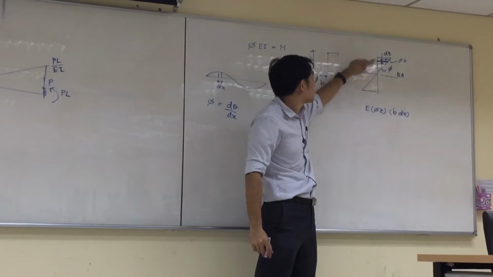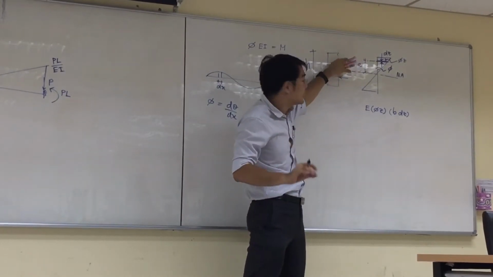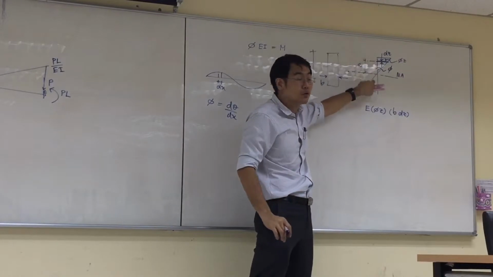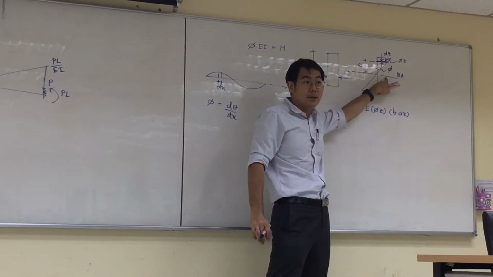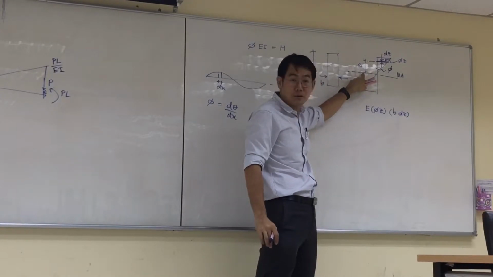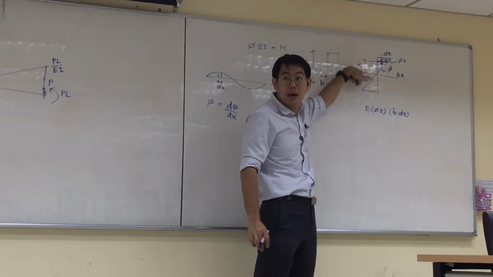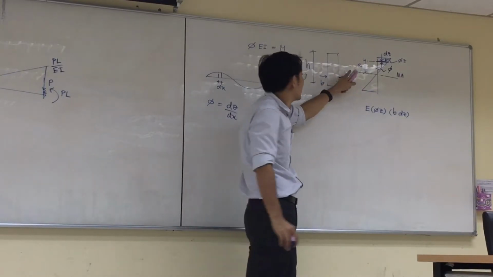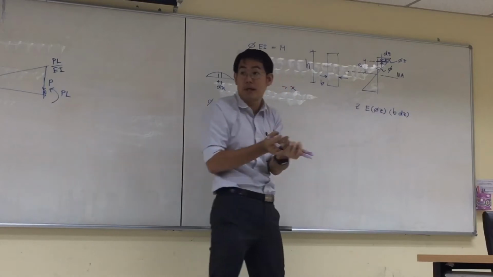Force multiplied by moment arm, if you want to get the moment in this cross section. The moment arm refers to the neutral axis. The neutral axis is here, and C is measured from the neutral axis. Upward C will be positive, downward C will be negative. So we have C multiplied by the force, you get moment.